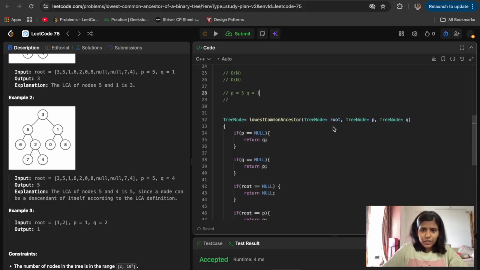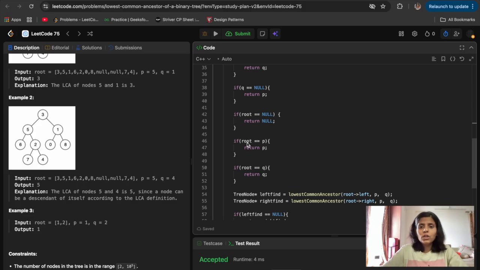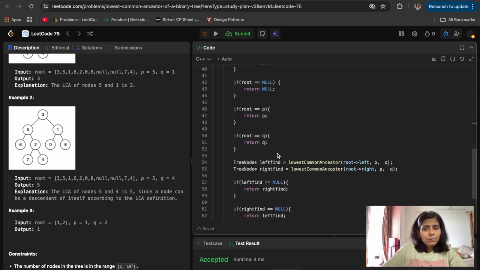Okay, I am here again, and now I will see, okay, p is null, no. q is null, no. Then I will say, okay, root is 5 and p is also 5. So return p. So my left find will be p, and likewise when I go to the right side, I'll check it, and I can find the 1.